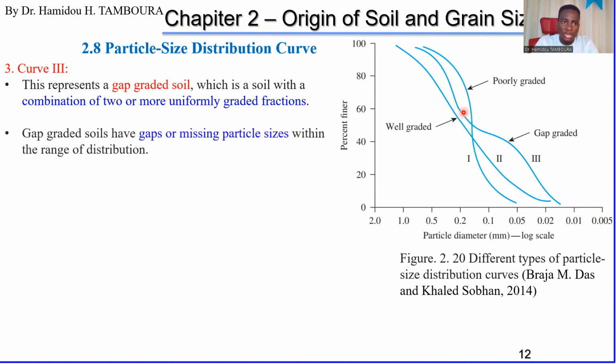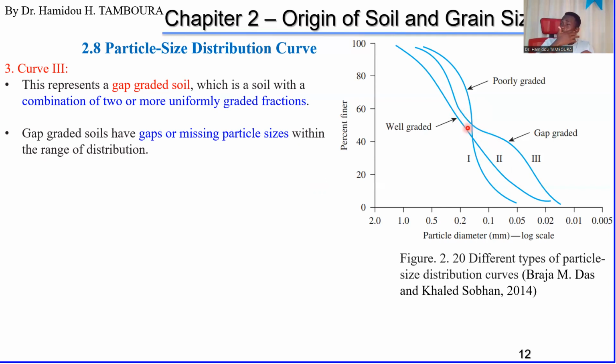So it means that this gap graded soil has gaps or missing particle sizes. Some particle sizes are missing between them. Maybe around here, some particle sizes are missing. So you just have to join them like this.